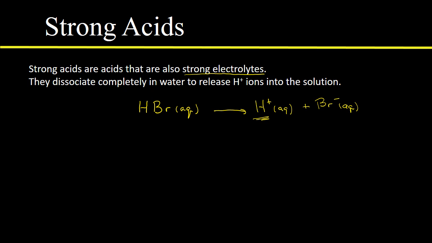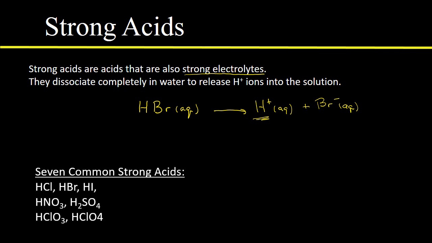In the last video, we also had a list of 7 common strong acids. Here they are again, so you should know these. You can think of them in 3 different groups. There's the hydrogen halides, but importantly, not including hydrofluoric acid. And then there are 2 other common ones, nitric acid and sulfuric acid, that probably sound familiar to you.